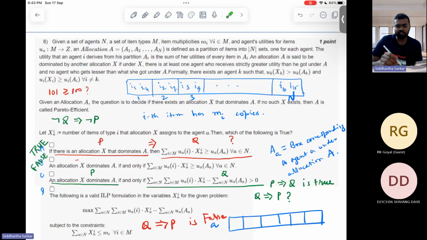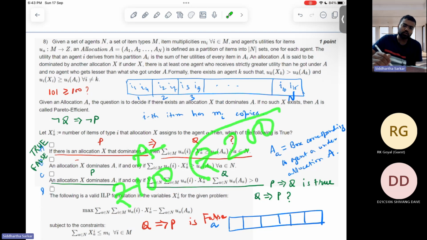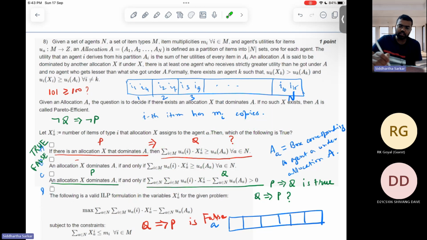So it can happen that there is an agent which was getting 100 rupees worth item under allocation A, but now we were very biased and we gave him too many items, so he got 200 rupees. But in the process, some of the other agents might get very little, but even then the overall utility difference could still be positive.